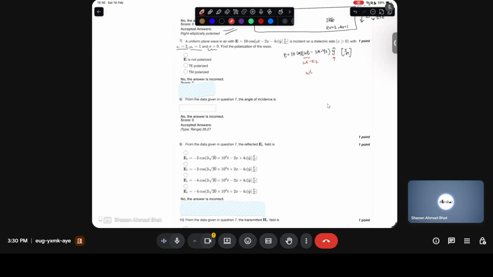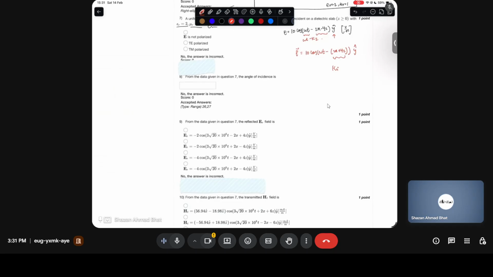You have omega t minus k z. So this is basically this particular component, but you take the negative sign out. And once you take the negative sign out, you are going to get cos of omega t minus of 2x plus 4z times y cap. So this is exactly the electric field which is given. So this is k, the k incident direction.